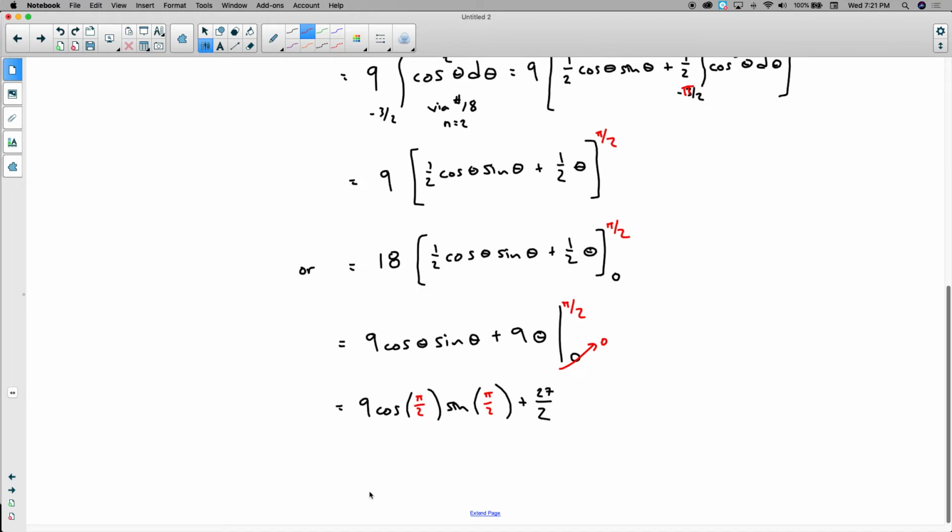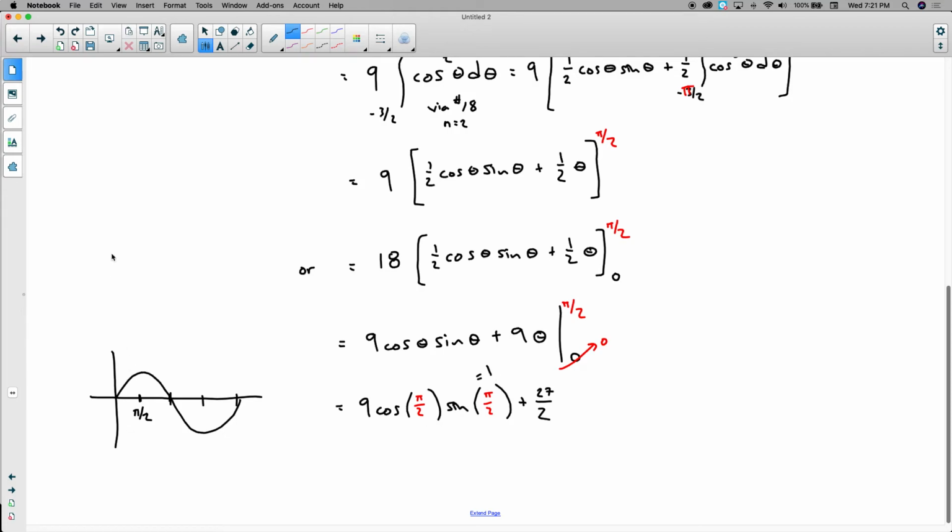Maybe it's just a good reminder to evaluate these. This is our sine wave. Pi over 2 is here: 2 pi, pi, and pi over 2. So the sine of pi over 2 is equal to 1.